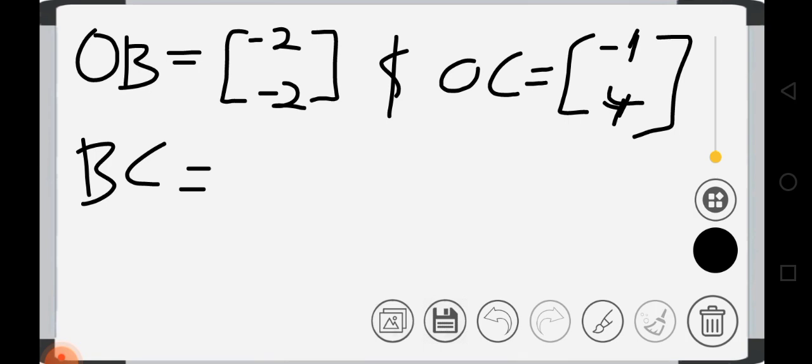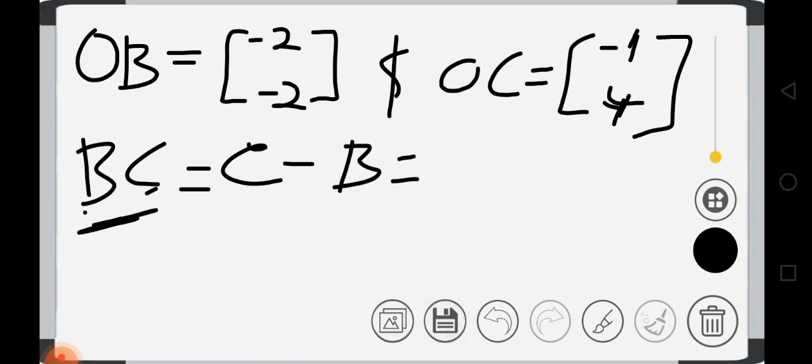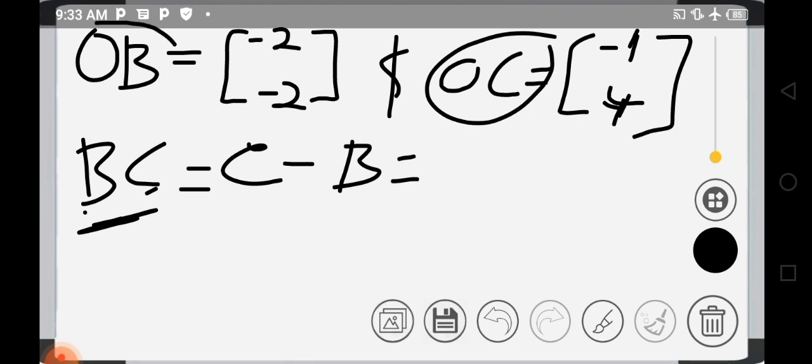Well, BC will be equal to what? I already told you that BC will be equal to C minus B. The last one minus the first one. So this is C and this is B.